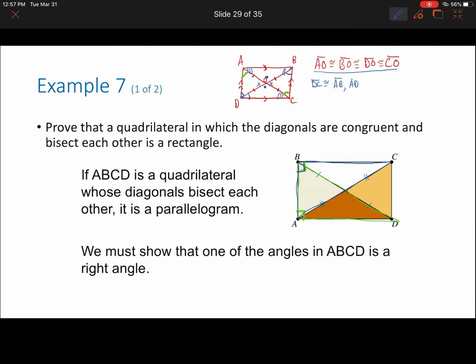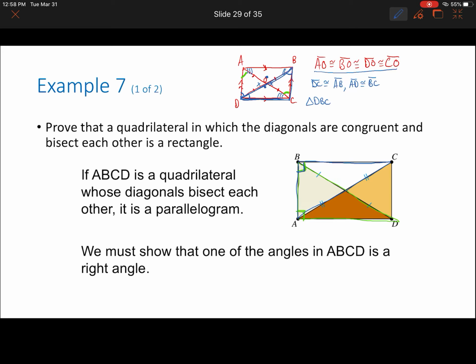What we do know, though, is that segment DC, the one at the bottom, is congruent to segment AB because we've identified this as a parallelogram, right? And in a parallelogram, opposite sides are congruent. That's one of our properties. Which also means that AD is congruent to BC, because, again, it's a parallelogram.